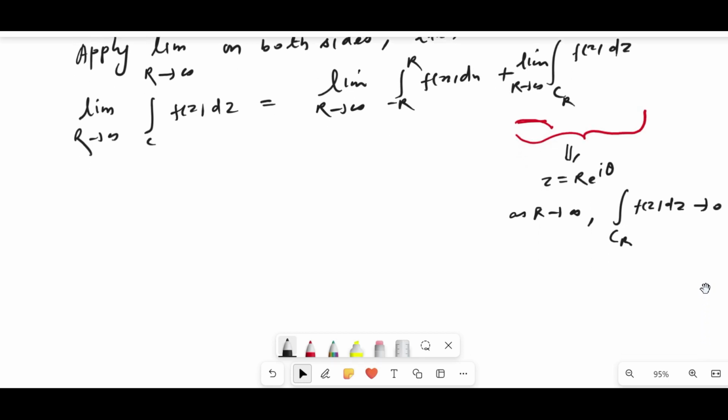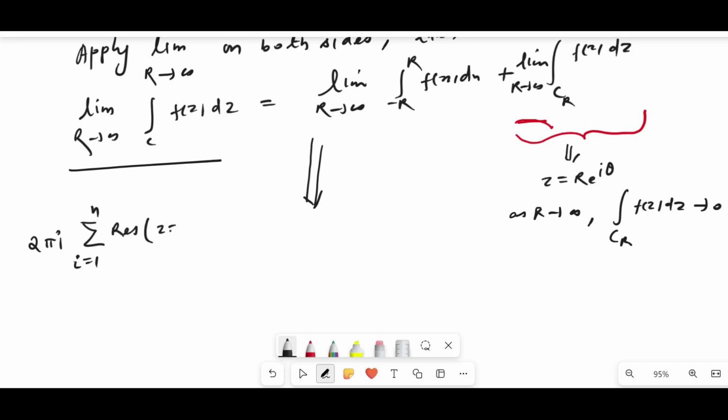And when this integral is 0, after taking r tending to infinity, we will solve by using the summation over i equal to 1 to n of the residue theorem at z equal to zi.